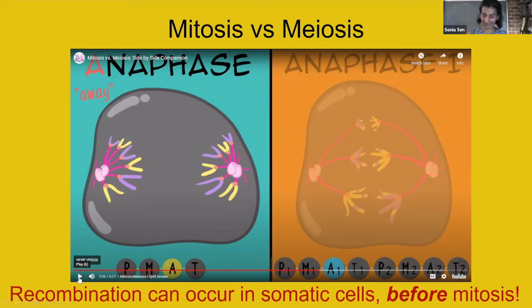Why things occur is a tough question to answer. Sometimes it happens because there's a double-stranded break. And the cell will just try and repair any break. And so when it's trying to repair a break, sometimes it uses a homologous chromosome. So if it happens to be in the milieu and encounter the homologous chromosome, it'll repair, and by accident a recombination will occur.